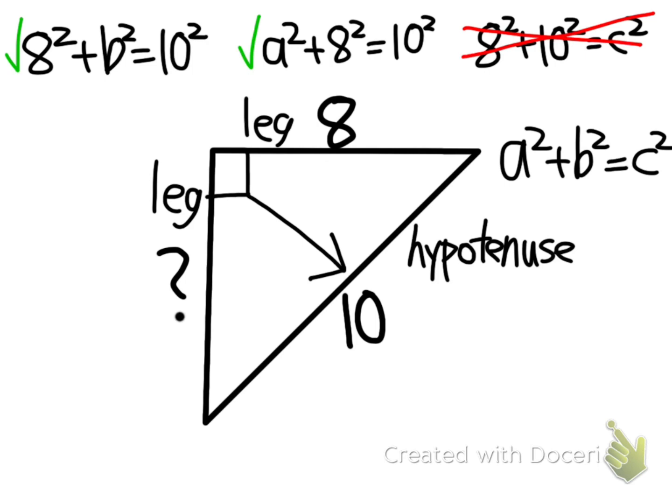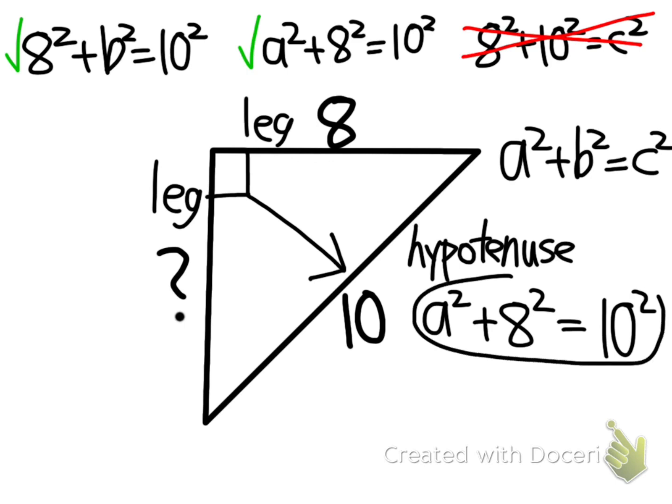For this example, I'll be leaving the a squared as is, and we'll be plugging in the 8 into the variable b. And because it was said earlier that the value 10 is of the hypotenuse, that value can only be plugged into the variable c, leaving this as the formula with the values plugged in.